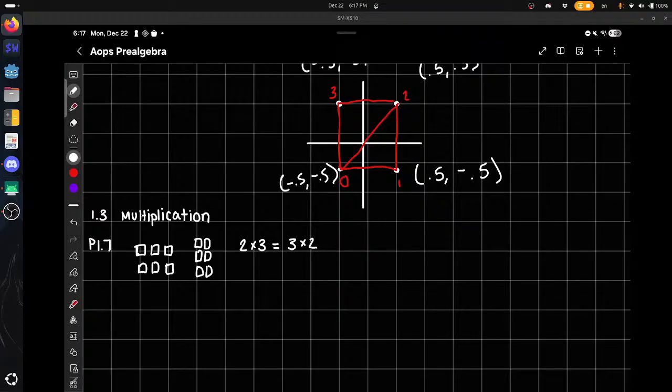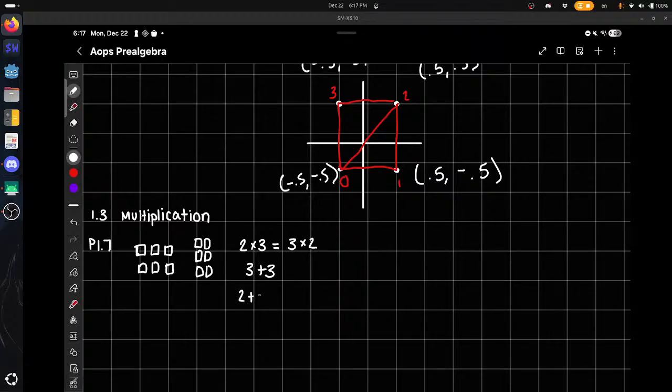Well, just from my understanding of multiplication, multiplication is just repeated addition. So essentially all we're doing is 2 plus 2 plus 2 or 3 plus 3.